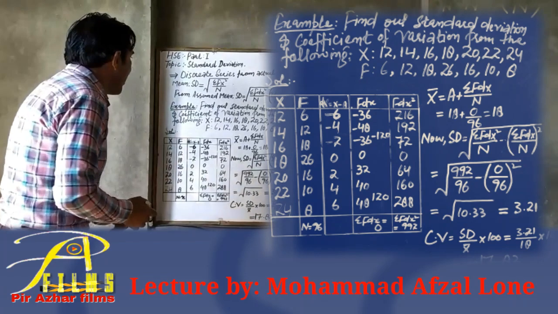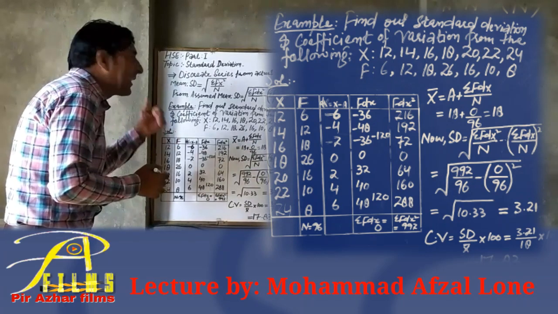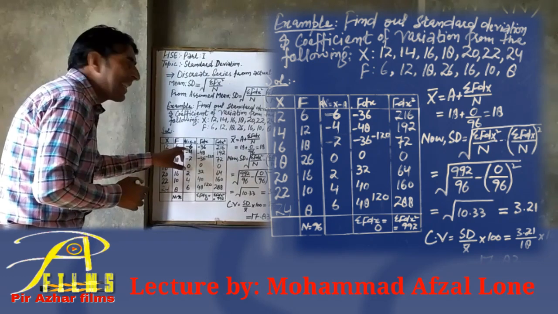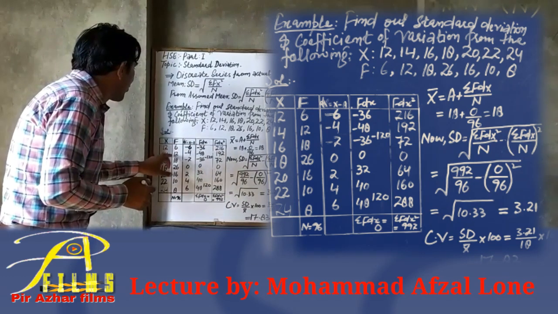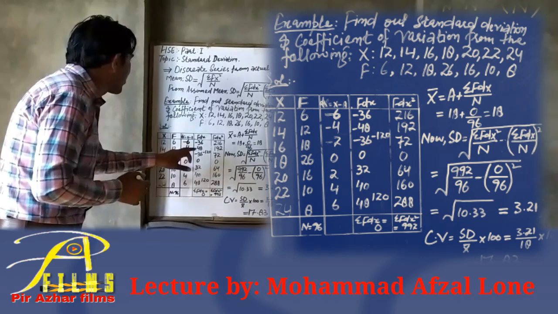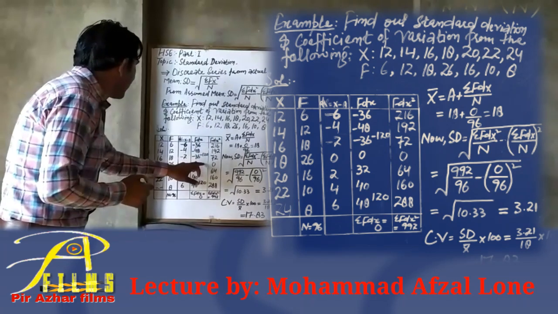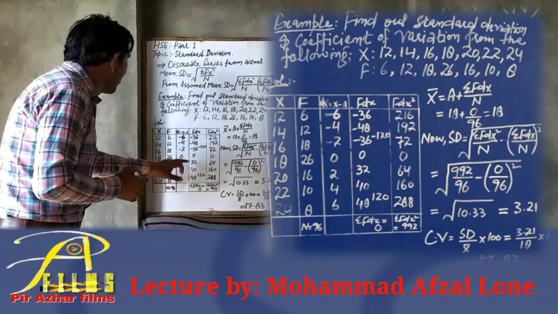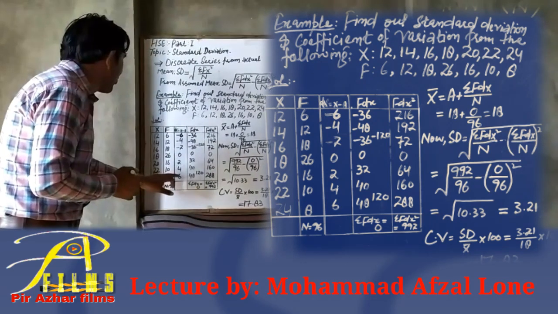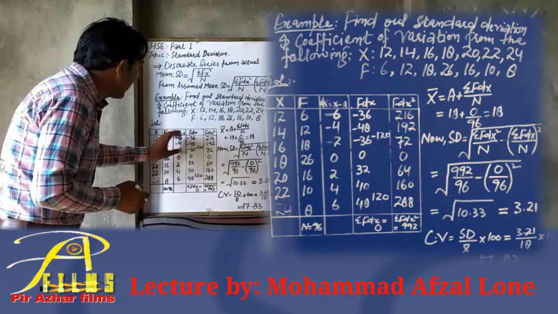This is dx. Now f dx, we have to multiply f with the deviations taken from assumed mean. 6 into minus 6 is minus 36, 12 into minus 4 is minus 48, 18 into minus 2 is minus 36, 26 into 0 is 0, 16 into 2 is 32, 10 into 4 is 40, 8 into 6 is 48. Let us add up the minus values separately.